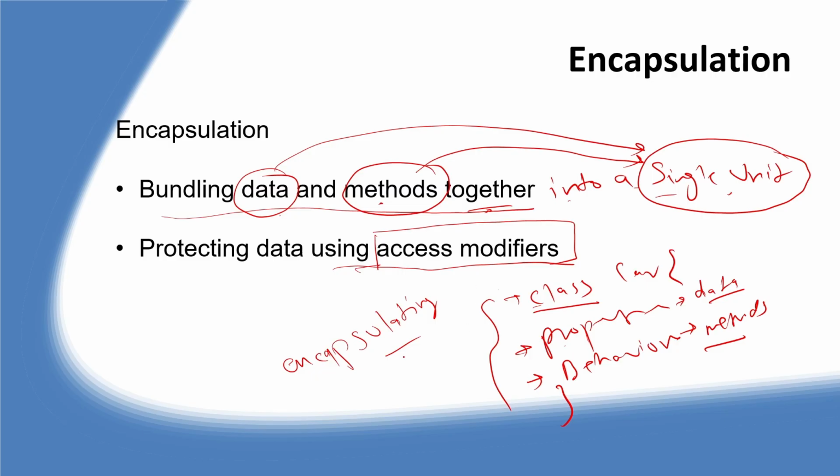So with the principle of encapsulation, we protect data. For example, a bank account should not allow anyone to change the account balance directly. Instead, users interact through methods like deposit and withdraw. This keeps the data secure and controlled.